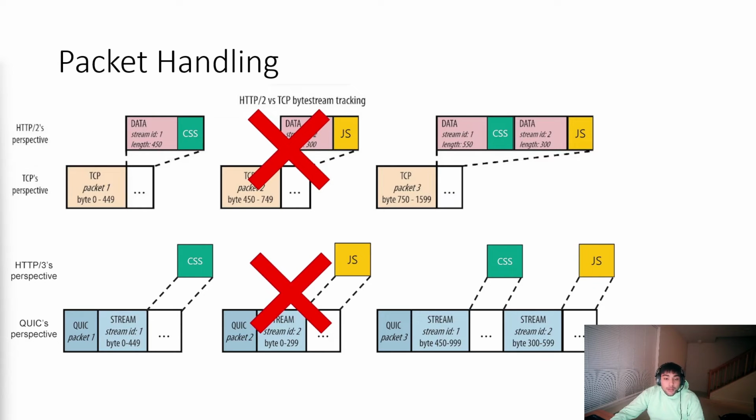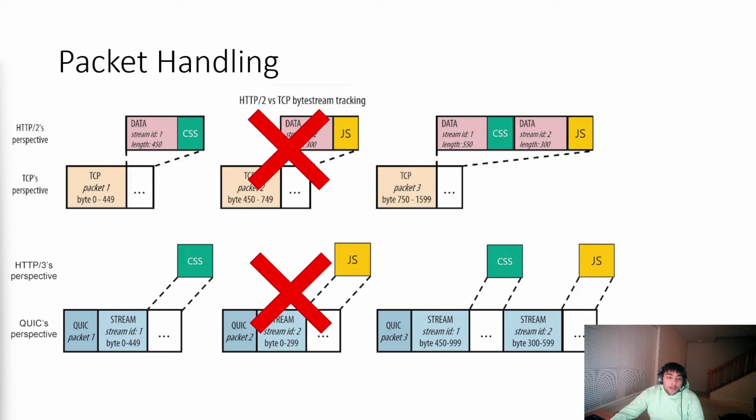This means that when you get this data back, the browser can decode this. It can know, okay, the coming 450 bytes are CSS, and the ones after that, the 300 bytes, are JavaScript. And they need to be handled differently. And this works fine. TCP doesn't have to know anything about this, and we can send multiple resources on one connection.